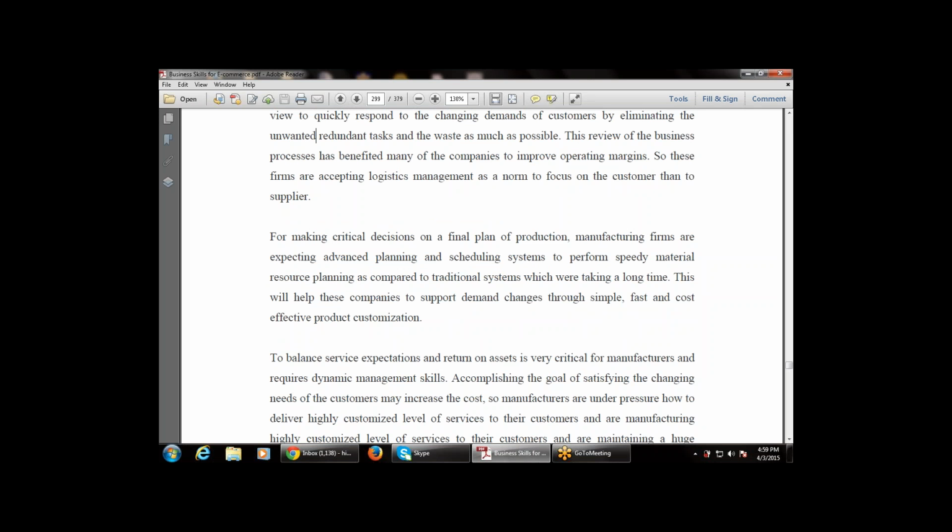For making decisions, manufacturing firms are expecting advanced planning and scheduling systems to speed up the material resource planning as compared to the traditional one that takes a long time. So whenever there is a usage of IT, there will be proper planning and proper scheduling to speed up the material resource planning as compared to the traditional one, which takes a long time to deliver.